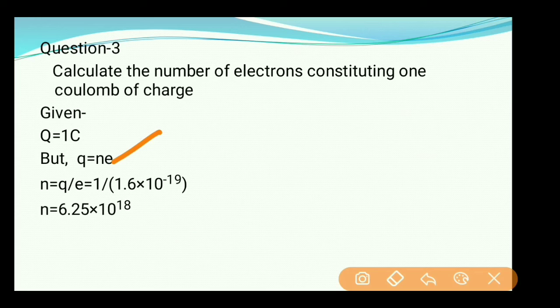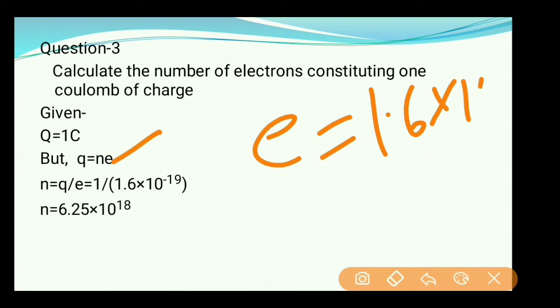From cross multiplication you will get N is equal to Q by E, and you know that the value of E, which is the charge possessed by an electron, is 1.6 into 10 to the power minus 19 coulomb. When you put the value of E there and the value of Q already given, you will get the value of N as 6.25 into 10 to the power 18.